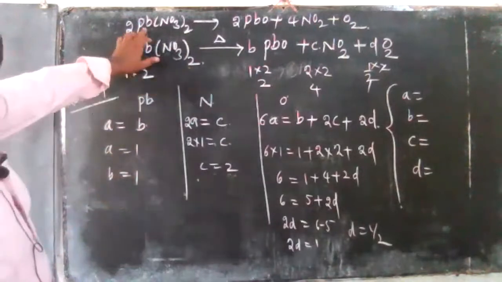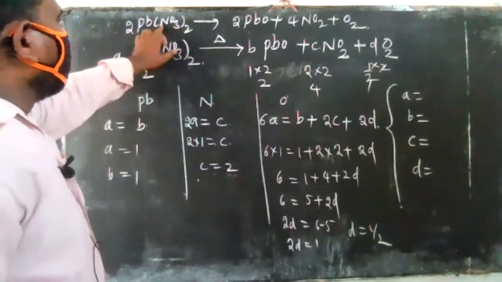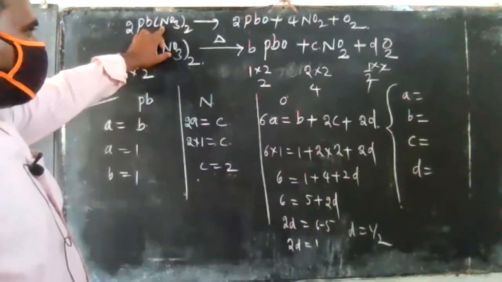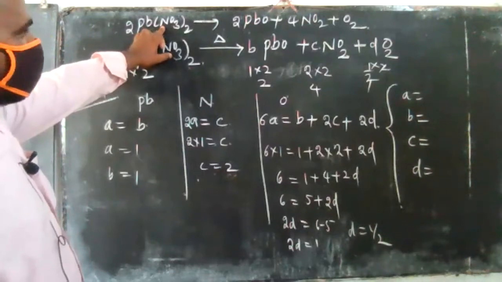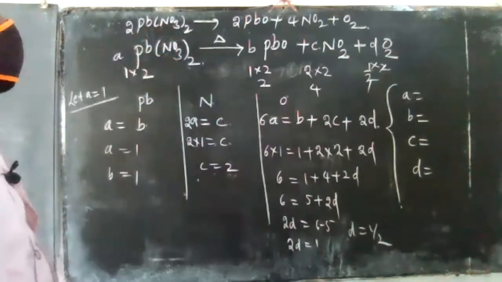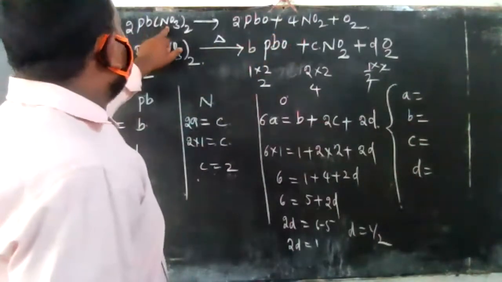Now how many are left there? 2 there, and 3 twos are 6. Nitrogen, how many there? Observe closely. 2, so nitrogen 4 there on this side. This two also belongs to this group, so 2 twos are 4.